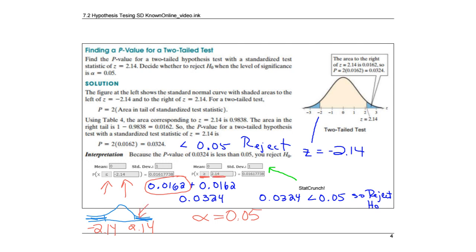That takes care of the area on this side. And that gives me 0.0162. When I add those together, I get 0.0324. Okay, so this is my P, and I'm comparing it to my alpha. Well, P is less than the 0.05, therefore I am going to reject my null hypothesis.